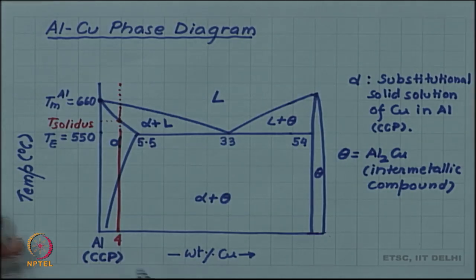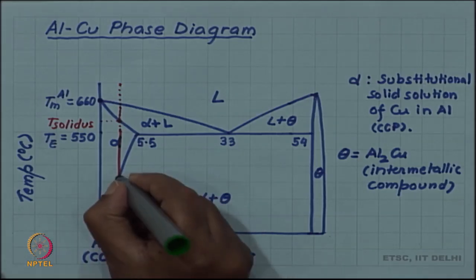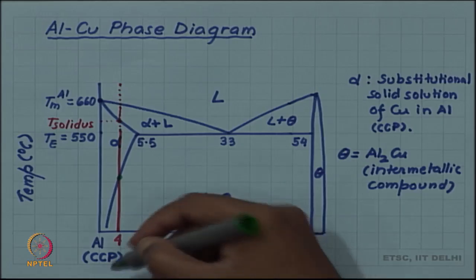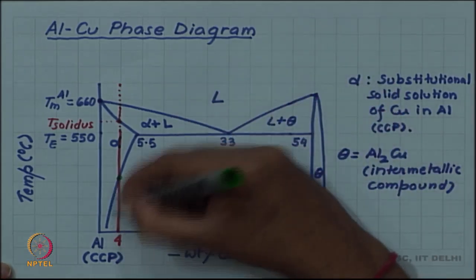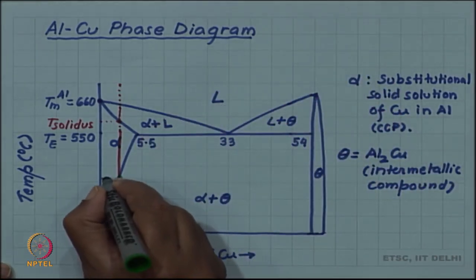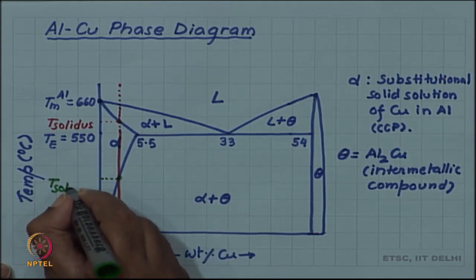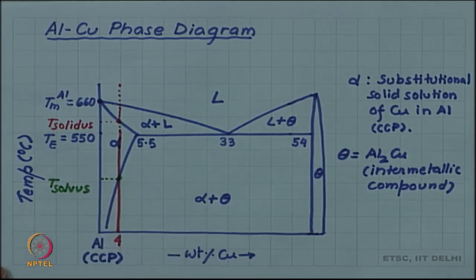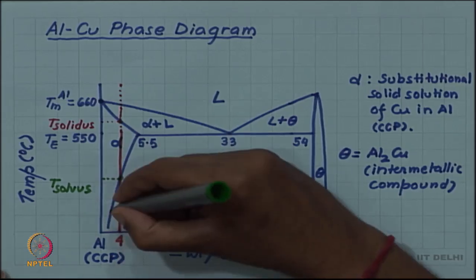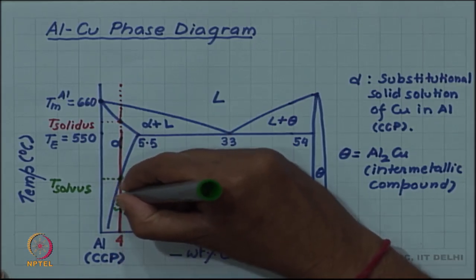Another critical temperature on this line is here, where it hits this boundary. This boundary is called solvus, and the corresponding temperature is called the solvus temperature.